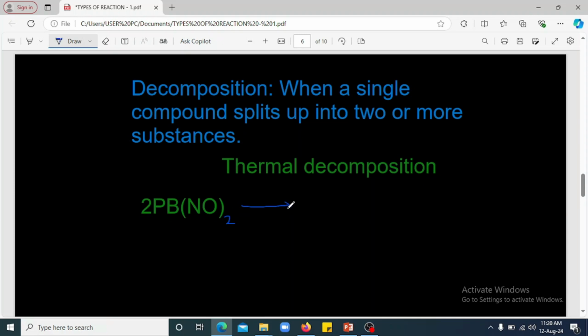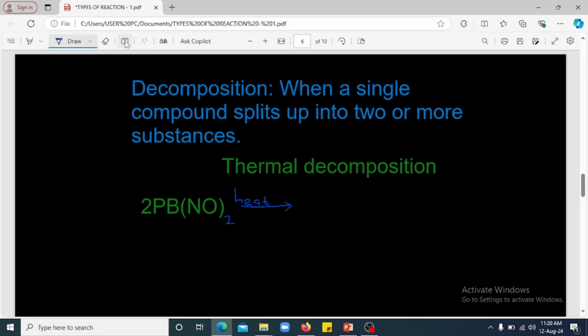Please don't mind the background sound. Here heat is actually needed. So when heat is needed, what did I call it? Thermal decomposition. Heat is actually needed here.